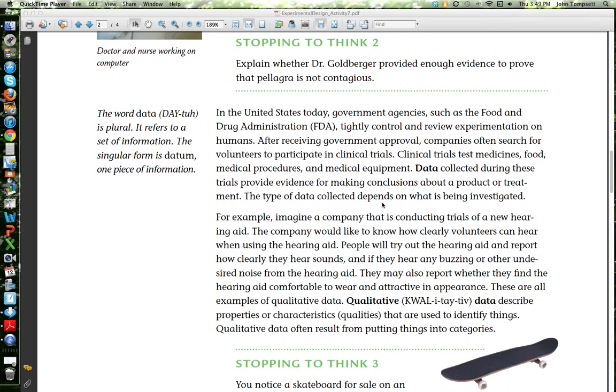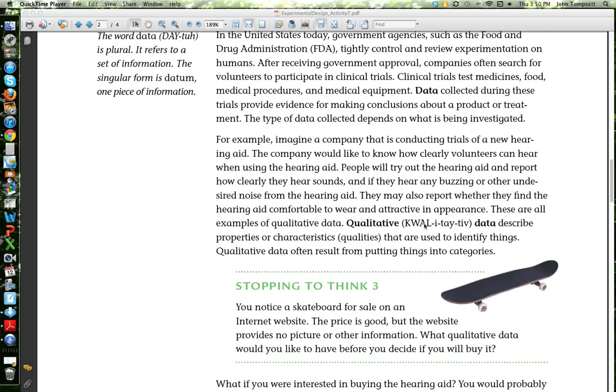They may also report whether they find the hearing aid comfortable to wear and attractive in appearance. These are all examples of qualitative data. Qualitative data describes properties or characteristics, in other words, qualities that are used to identify things. Qualitative data often result from putting things into categories.